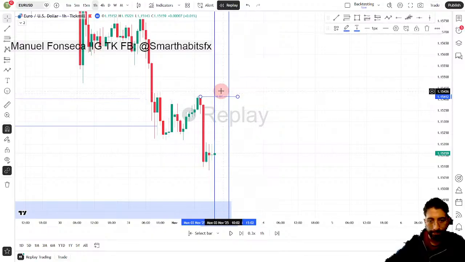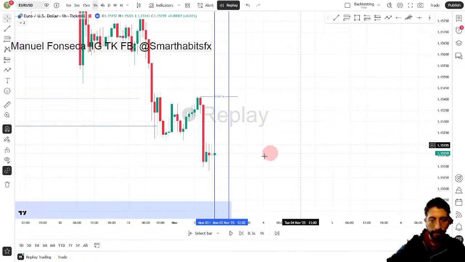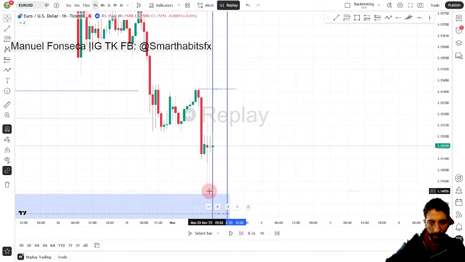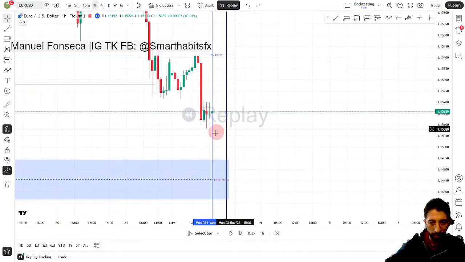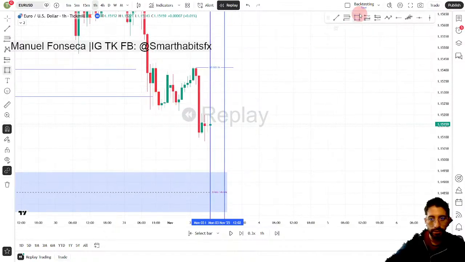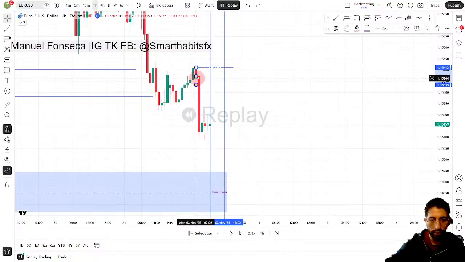From my point of view, there is still all of this area for the price to react. Now, if we got a break of structure, a BOS here, I will consider buying. But so far, I am still watching selling opportunities until the price gets to the supply area.